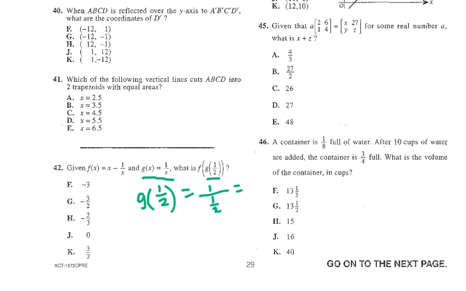Then flip this 2 to the top. You will get 2. Then you plug in the f function. F of 2 equals 2 minus 1 over 2. You will get 3 over 2. K will be the answer.